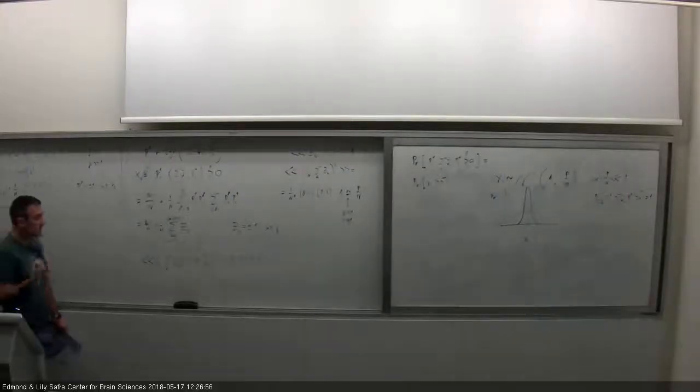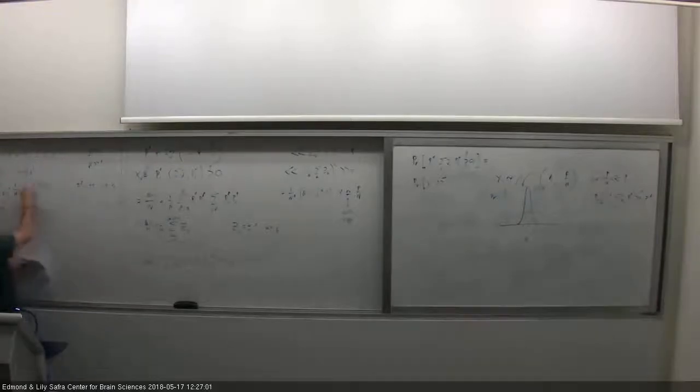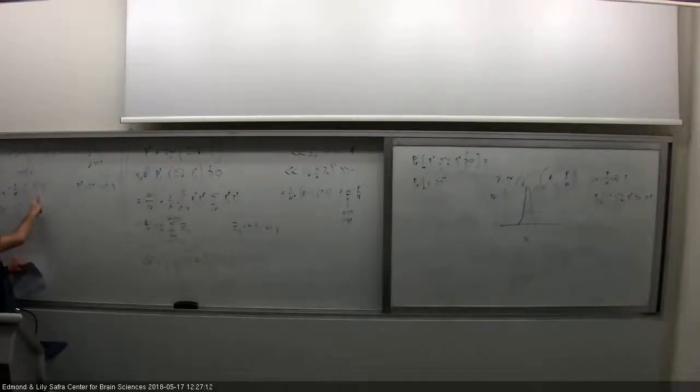Let me say it again. We embedded many memory patterns in the network using this connectivity matrix. One of them corresponds to the particular memory that we are now trying to retrieve, or whose fixed point we're studying.